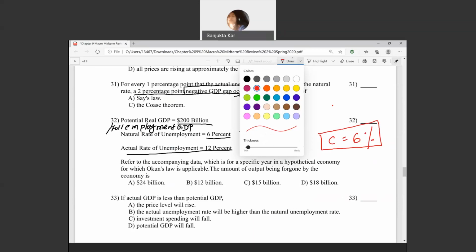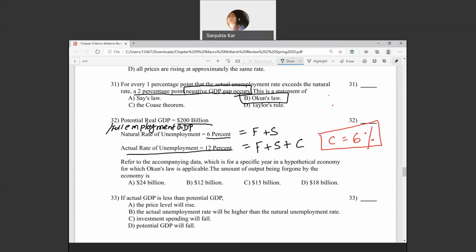If I have a cyclical unemployment of 6% from Okun's law, I'm going to have a negative GDP gap. How much will the negative GDP gap be? For 1% of cyclical unemployment, the negative GDP gap is 2%.